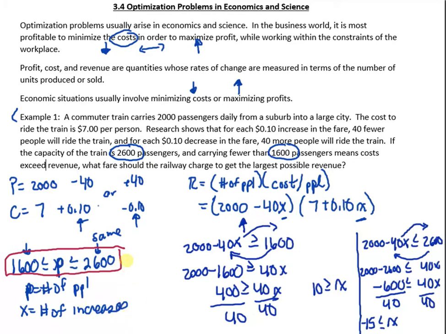We have the domain of the people, and what we did is we took this 2,000 minus 40x and subbed it in right here. Then we evaluated when it has to be greater than 1,600 and less than 2,600. So our actual domain for the number of increases is between negative 15 and 10. That's our actual domain for the number of increases in price.